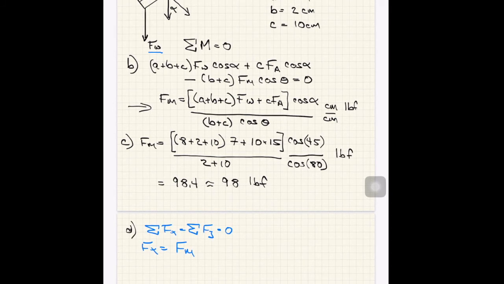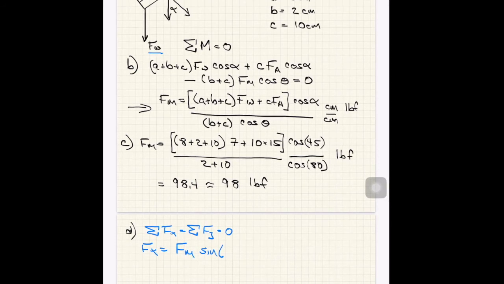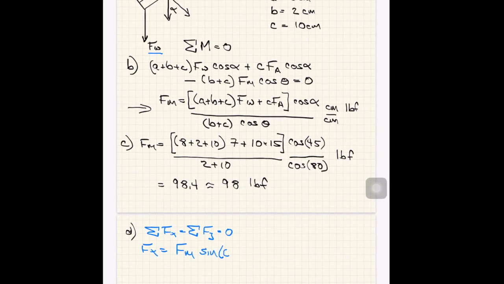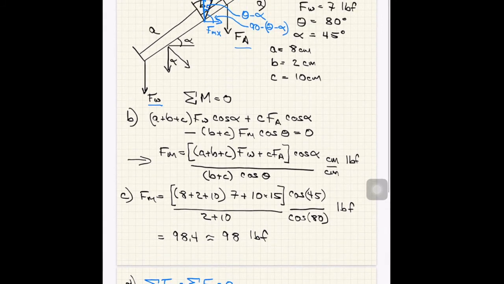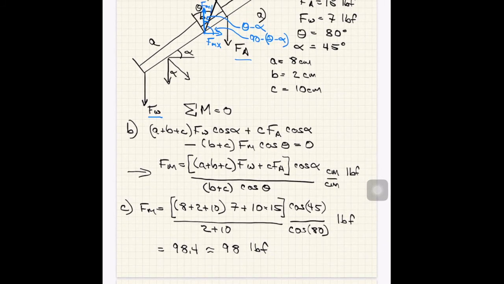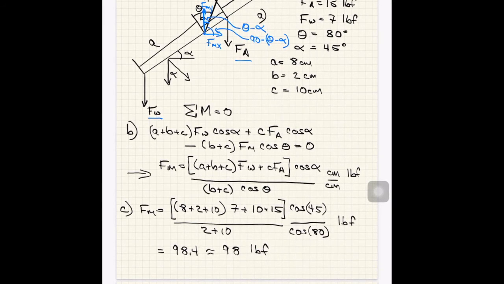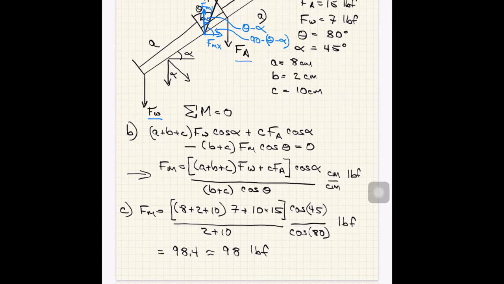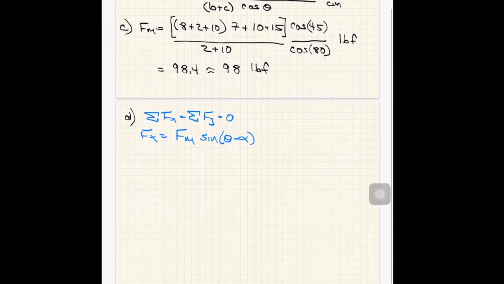We can pick it as we want. Maybe the shortest way is to say that it's equal to the sine of that angle we decided we had up there, which is theta minus alpha, right? That's the angle that we had between the y-direction and the force itself, but if we take the sine of that angle, that will give us the x projection of F of m. And so we can go back here and write that down.